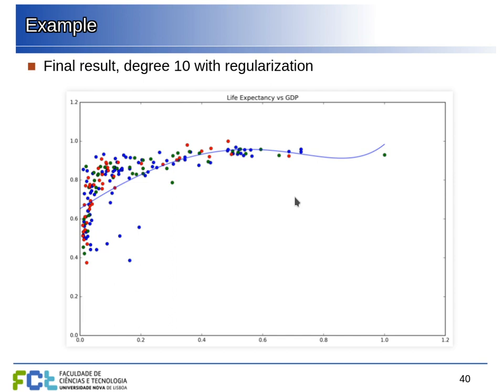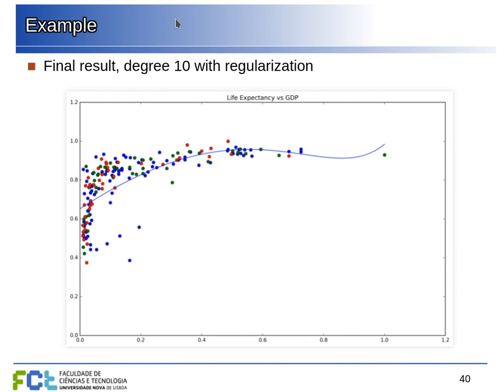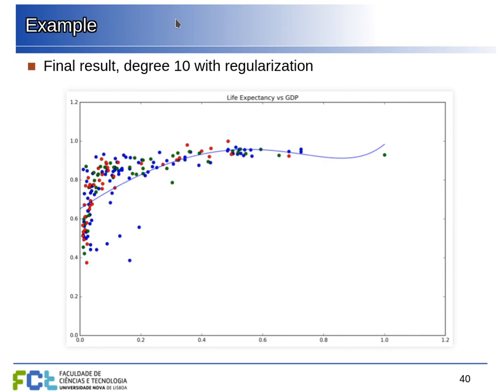Always be careful of this detail: when you're choosing something, for example, here we are choosing lambda by looking at the validation error in order to minimize the validation error, this means that now the validation error is biased and we cannot use it as an unbiased estimate of the true error. So that's why we left the test set at the end to do these measurements.